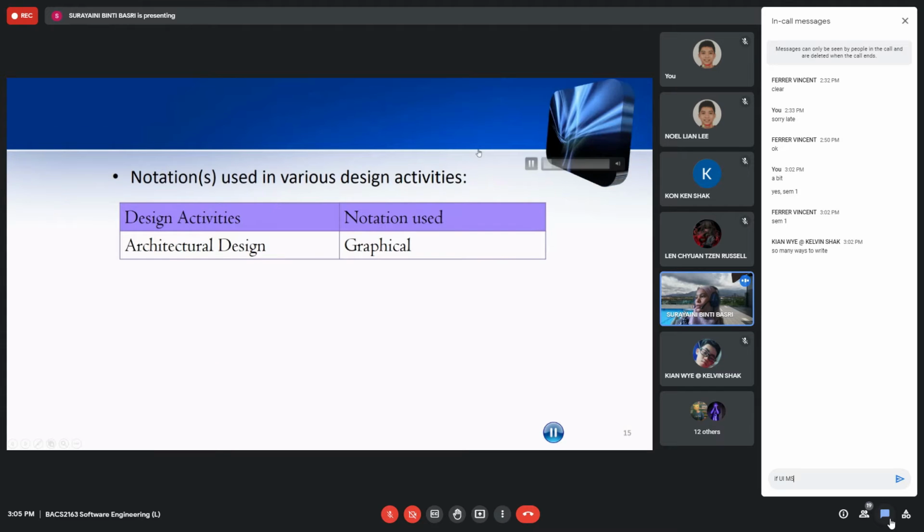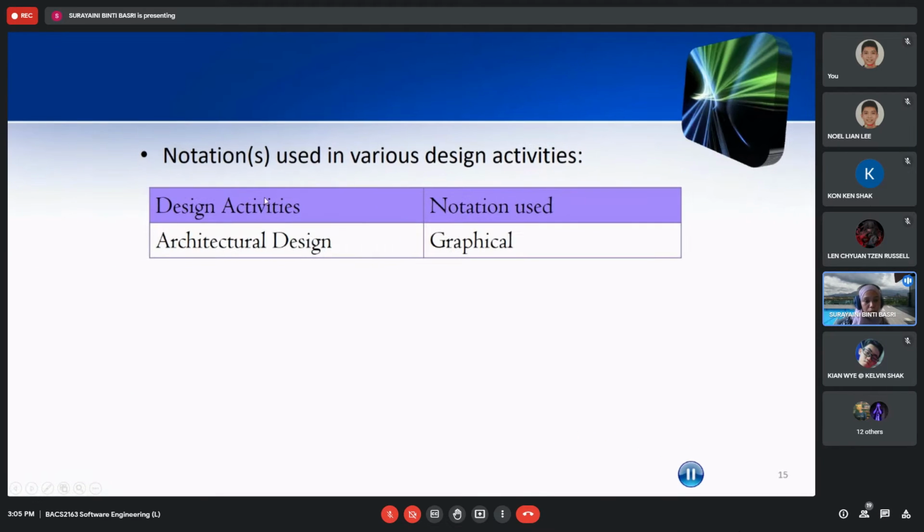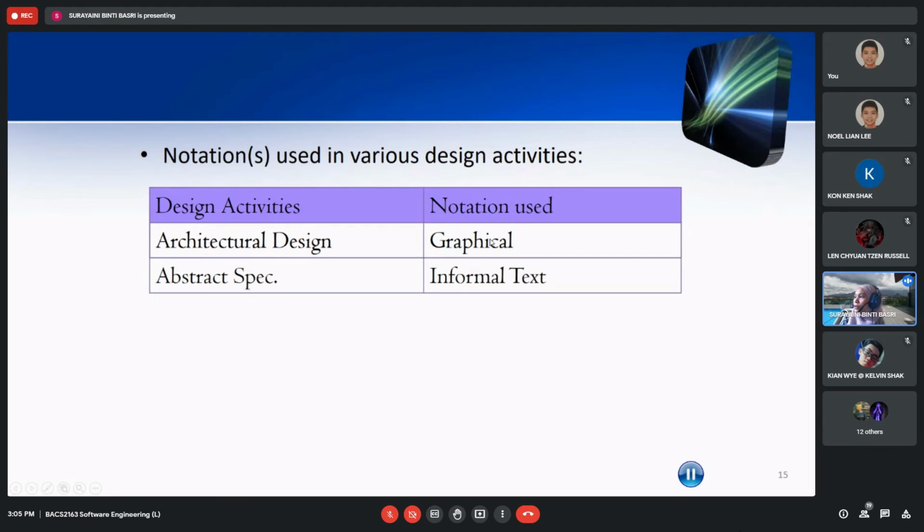These are the design activities that we have learned previously, and the notations used to design them. For the architectural design, we usually use graphical notation. For the abstract specification, we usually use informal text.